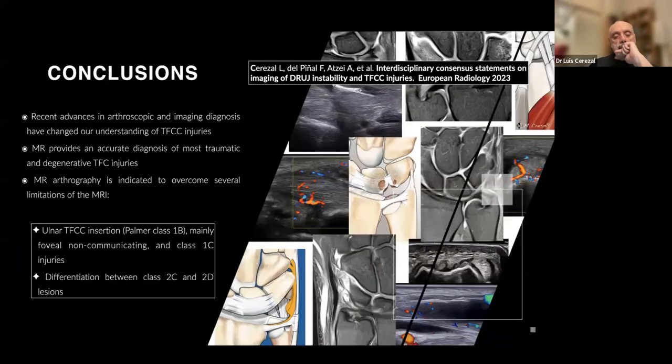As a conclusion, remember that the recent advances in arthroscopic and imaging diagnosis have changed our understanding, our knowledge of TFC injuries.